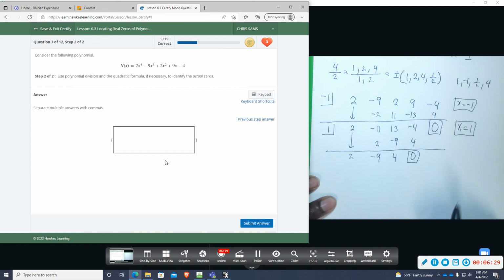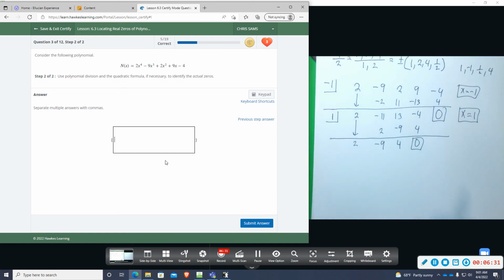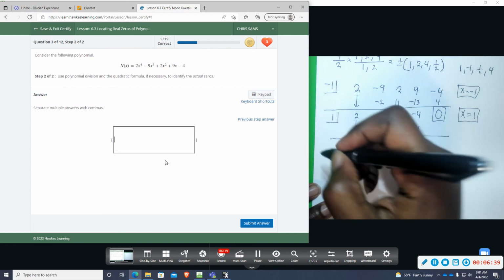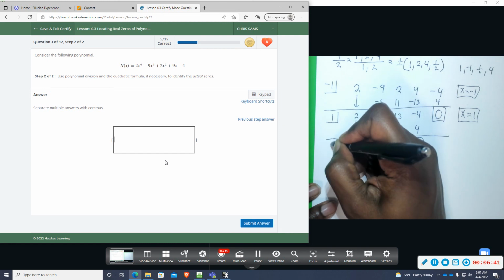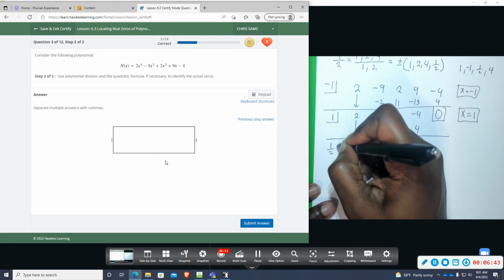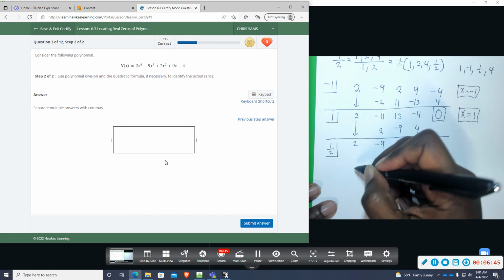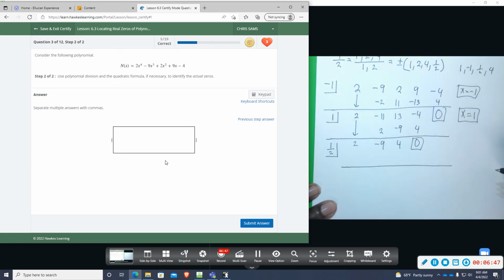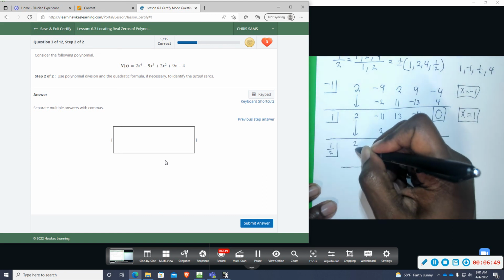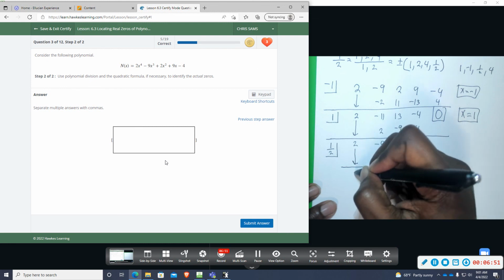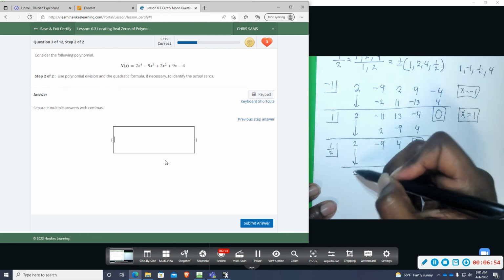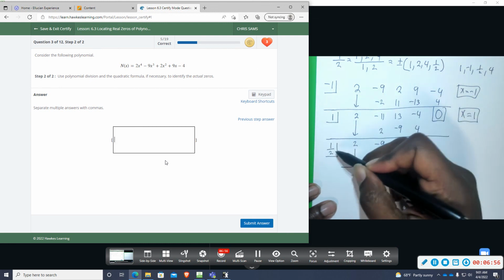So we've checked off 2 of them. Now, instead of using the fraction, because that one's a little bit more of a challenge sometimes, not always, let's go ahead and use it. We'll do 1/2. So this is if you have a fraction. Process is pretty much the same, but you have to multiply and divide. So bring down the 2. So 1 times 2 is 2, and then you divide by 2.